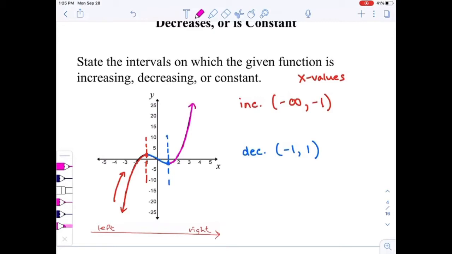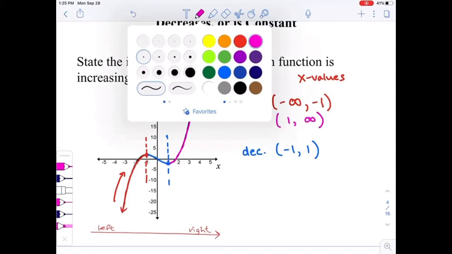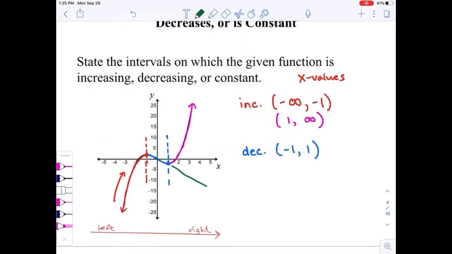And we're going to keep going until infinity. So I'm going to start again increasing at +1, and I'm going to go to positive infinity. So in terms of increasing and decreasing, the main thing that you are looking for, I kind of call these turning points. Turning points. You are looking where that graph is changing directions.